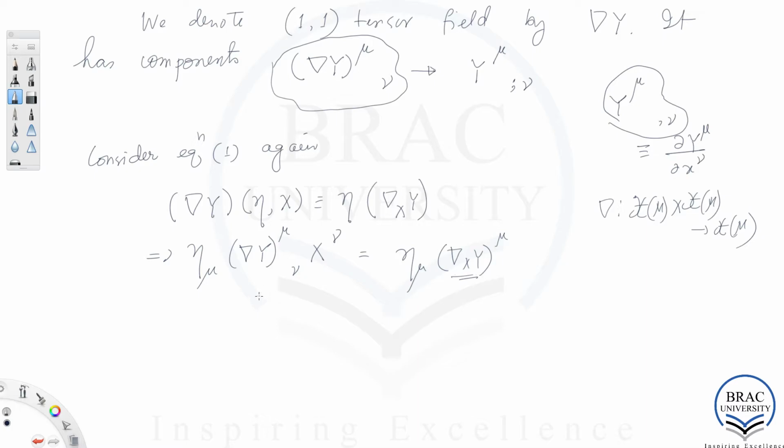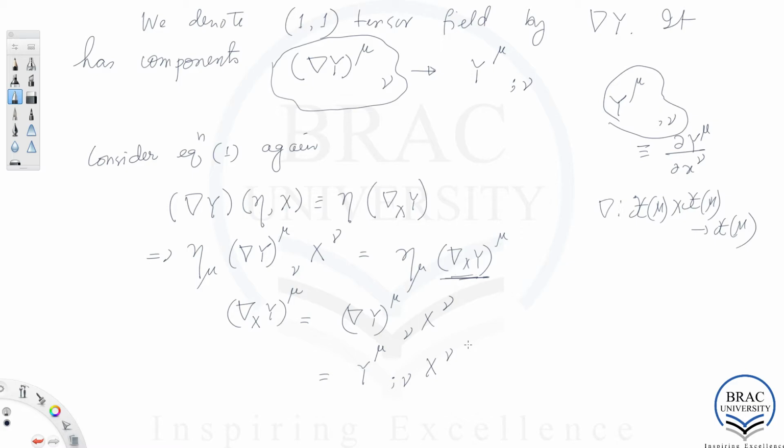We see from here that this guy, nabla x y, the components of this vector field should be equal to nabla y mu x mu. Or in other words, if you want to use this semicolon notation, it reduces to y mu semicolon mu x mu.